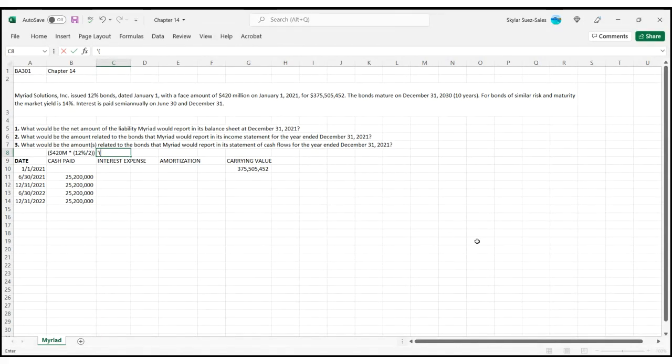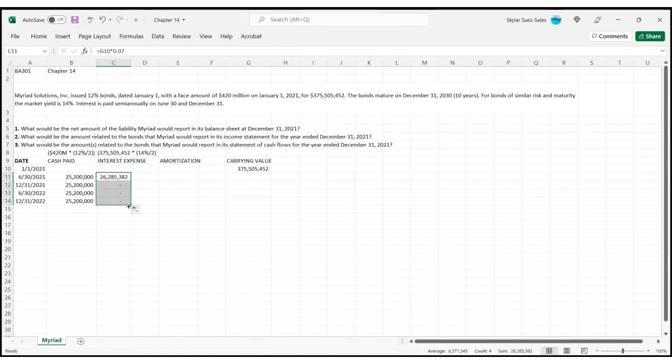Would it be carrying value times the... Well, yeah, I guess for the beginning it will be the issue price, but then after that it will be the carrying value. Yes, you're correct. Okay. And then the rate would be 0.07 or 7%. Right, the 14% divided by 2 because it's semi-annual, so very good. So we'll go ahead and put that here. So this is going to be our carrying value multiplied by half of 14%.